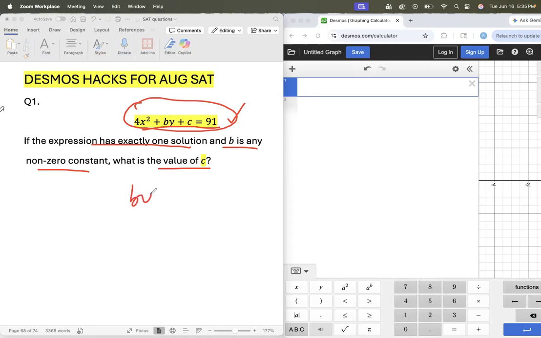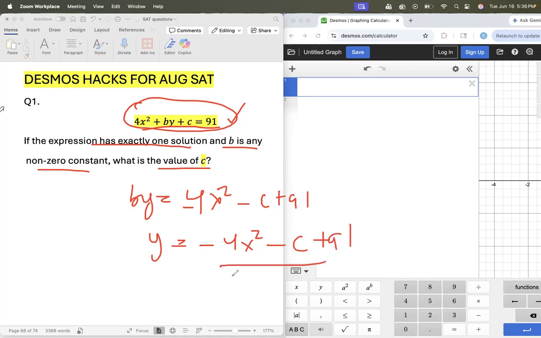So we're going to make b standalone, and we're going to have minus 4x squared minus c plus 91, and then our y is going to be all over this. Don't worry about simplifying. When you put it in Desmos, Desmos will do the rest. 91 over b.